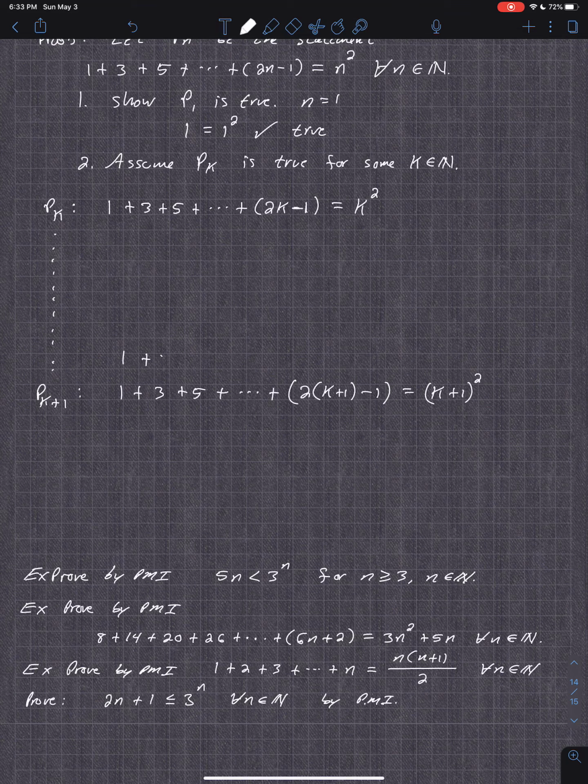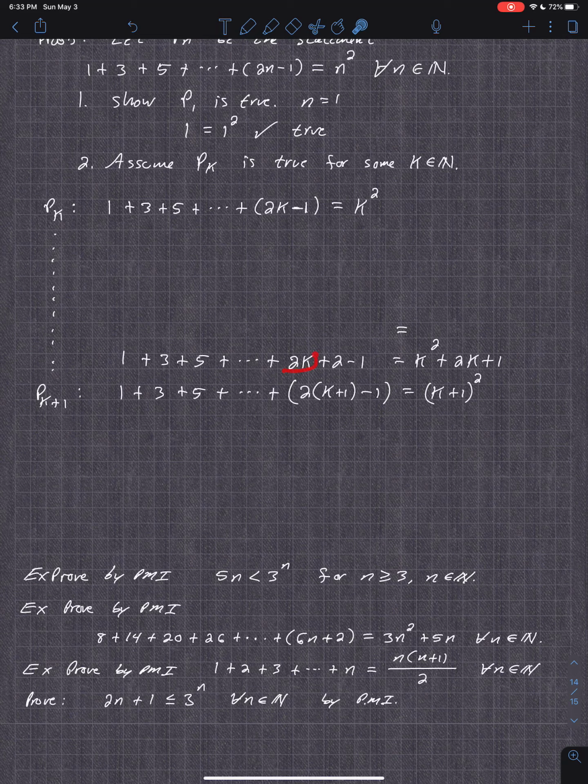So 1 plus 3 plus 5 plus dot dot dot, and then this is just 2k plus 2 minus 1. This will be k squared plus 2k plus 1. So that gives you your idea of what to do. Because look here, you have 2k plus 1 on the right-hand side. So that's essentially what you're adding.